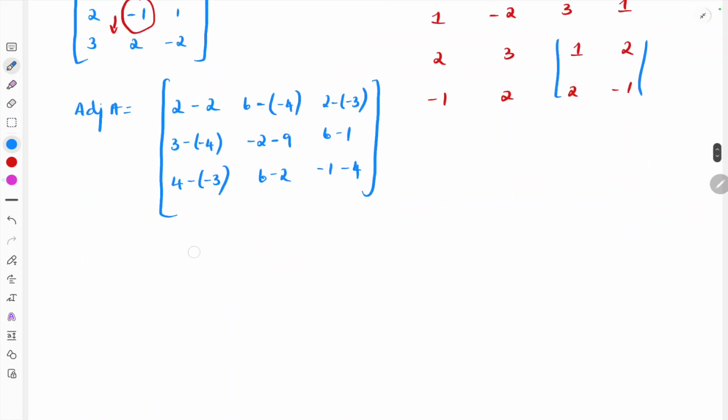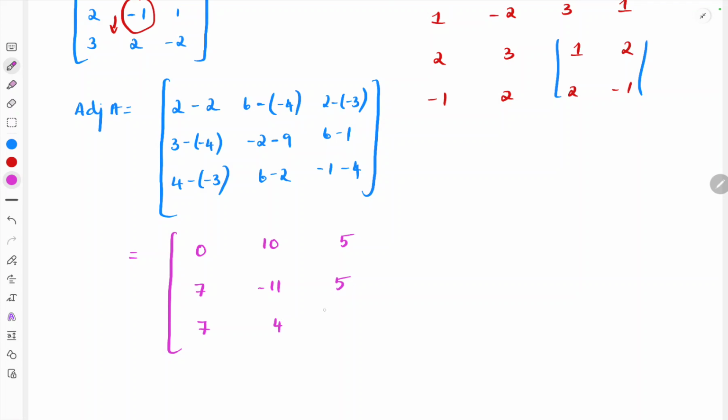So now this determinant value will be 2 minus 2, it will be 0. 6 plus 4 is 10. 2 plus 3 will be 5. 3 plus 4, minus of minus is plus, 3 plus 4 is 7. Minus 2 minus 9 is minus 11. 6 minus 1 is 5. 4 plus 3 is 7. 6 minus 2 is 4.